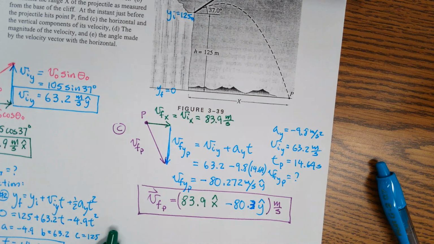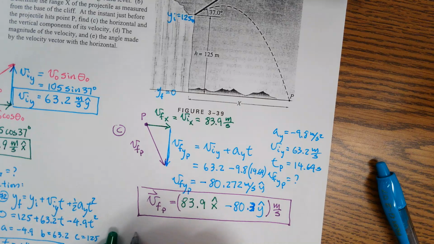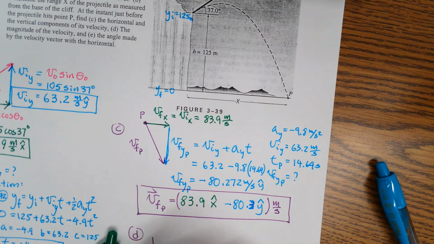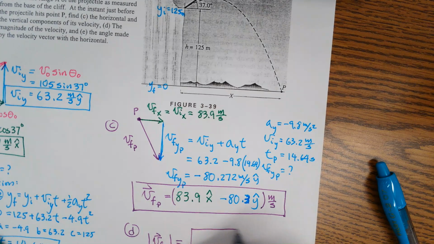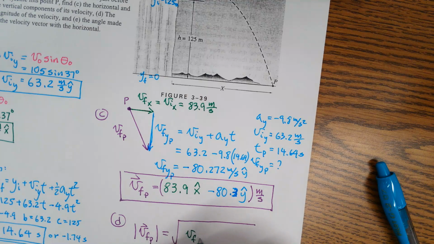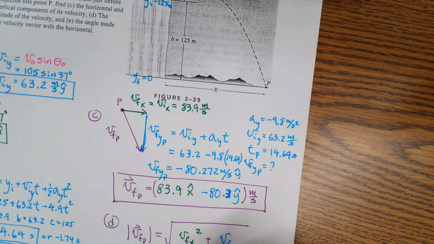Now let's take a look at the magnitude of that velocity. Well, we know how to do that. So part D, the magnitude of that velocity is just simply something that we already know how to do, which is VFX squared plus VFY squared.